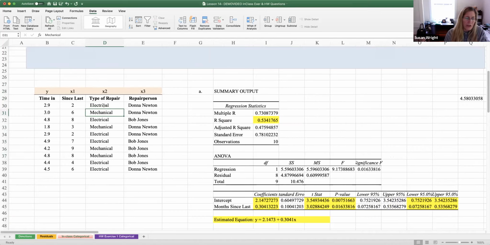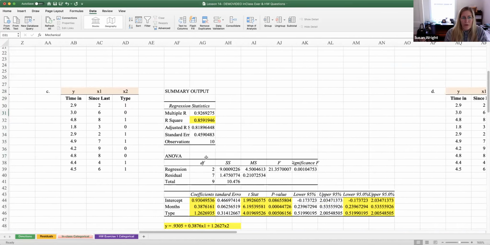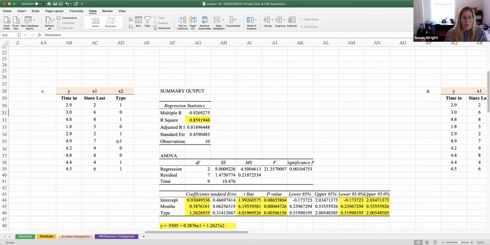So you should see 1 0 1 0 1 1 0 0 1 1. Let's go look. Okay, 1 0 1 0 1 1 0 0 1 1. So that's where that comes from, is just coding it based on whatever it is. So I've converted that categorical variable to ones and zeros.